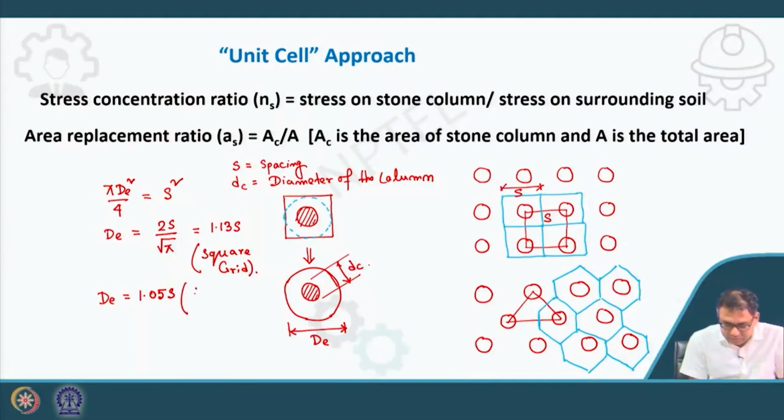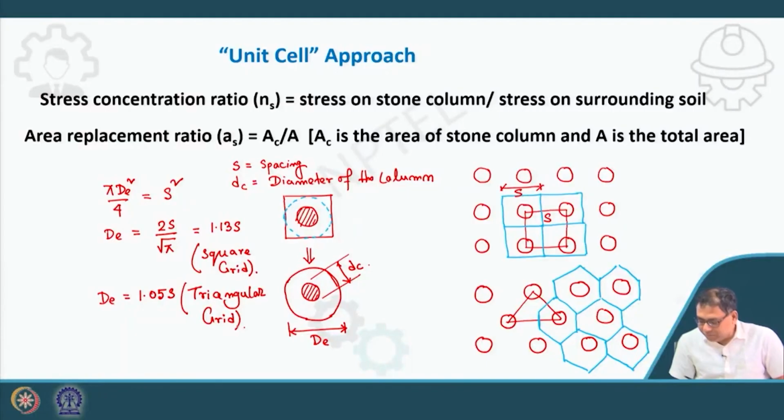Similarly, DE will be equal to 1.05S for the triangular grid. In a triangular grid, how do we do that? This hexagonal area is converted to an equivalent circle. The area of this hexagon will be equal to the area of the circle.